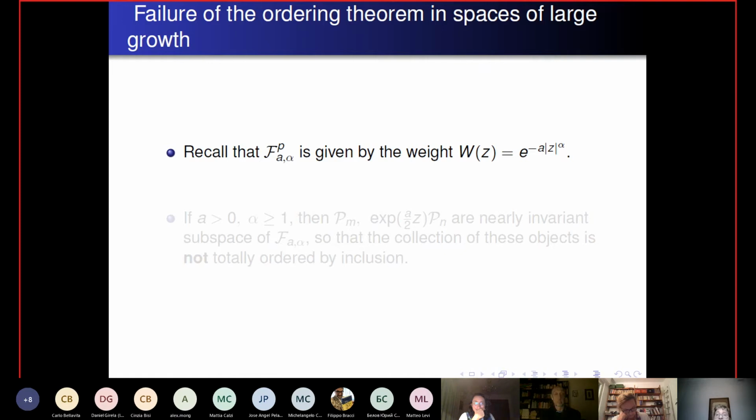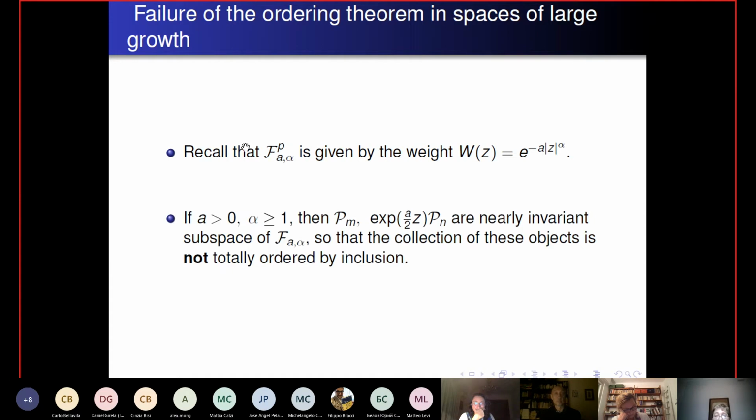If we don't have zero exponential type, then the theorem fails, and the threshold are these weights e to the minus a mod z to the alpha for alpha greater or equal to 1. And the reason is very simple, because now you can multiply polynomials with exponentials. And you get a nearly invariant subspace, obviously, because if you just multiply with the function, nothing happens.